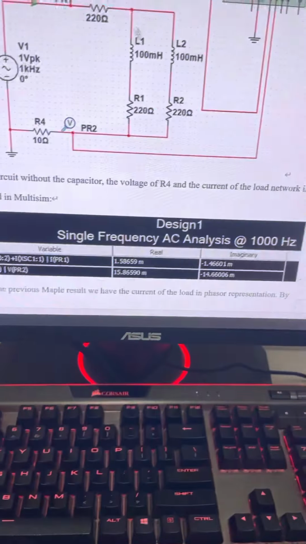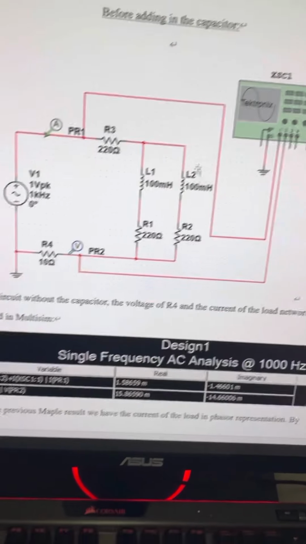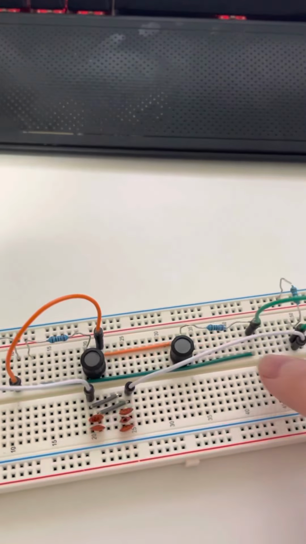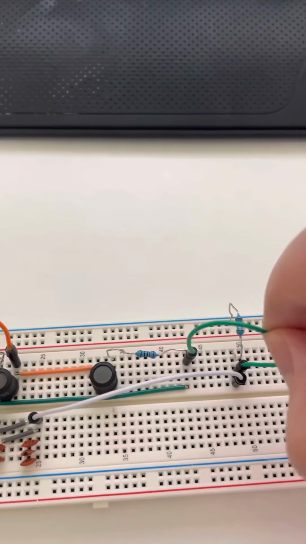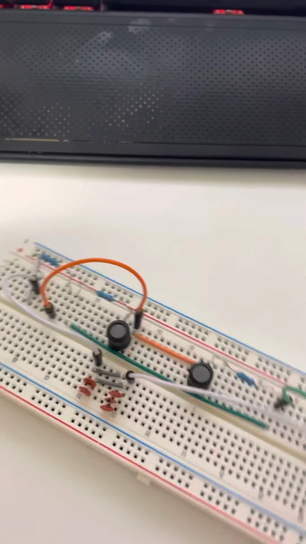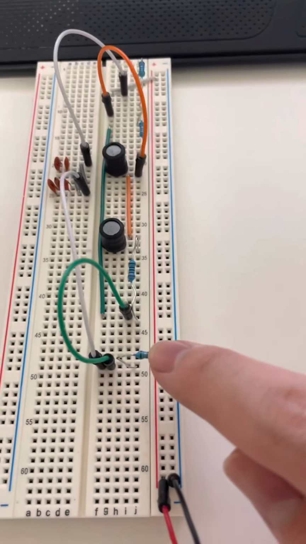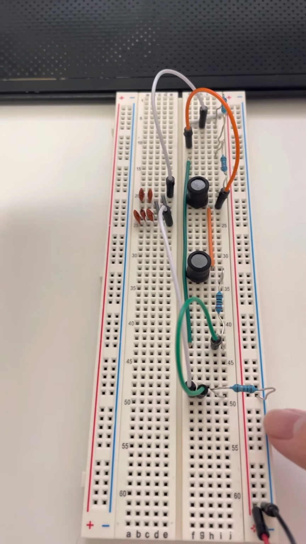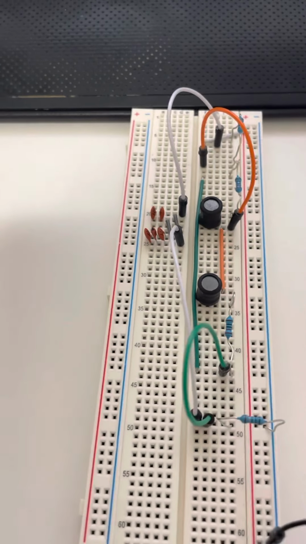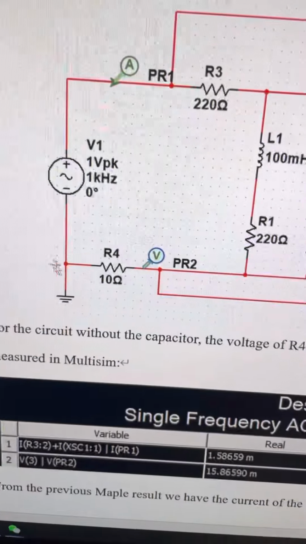Remember, it's like this part. And what's next is going to be R4. R4 is with this green soft cable, and this part is R4, which connects to the ground, just like this.